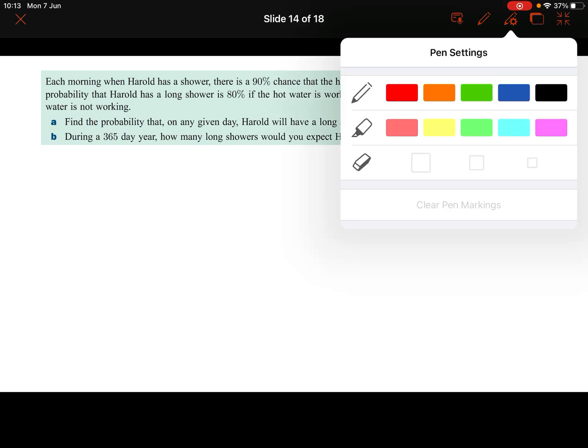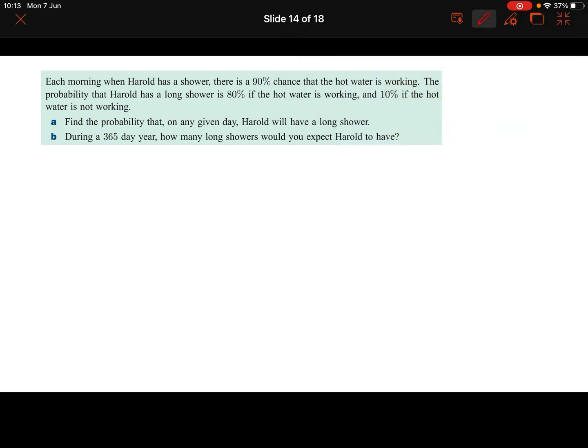Okay, well, what we need to do for this is do a tree diagram, okay? So there are a few events happening here. One is the hot water could be working, or the hot water might not be working. And there's a 90% chance that it's working. Now, don't ever do tree diagrams in percentages.